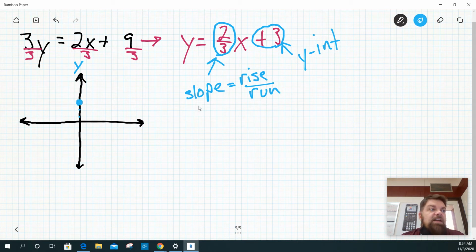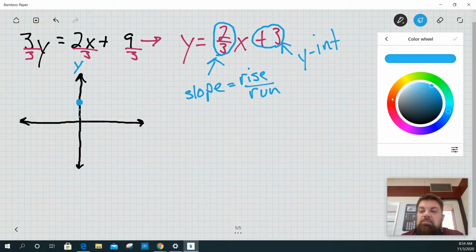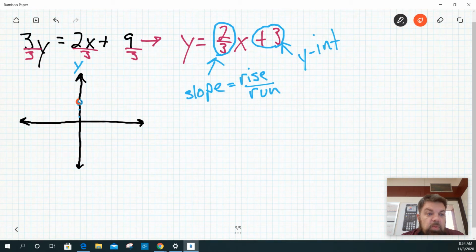Now, from there, I can get the next point on the line by just going my rise over run. So my rise then is going to be, I'm going to go from this point here, up 1, 2, and then I'm going to go over 1, 2, 3. So my rise is 2, and then my run is 3 to the right.